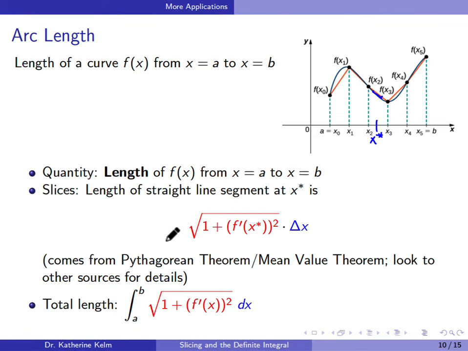This formula comes about from the Pythagorean theorem and the mean value theorem, but you'll have to look to other sources for details. But once we know this, the total length of the curve from a to b is the integral from a to b of the square root of 1 plus f prime of x, all squared, dx. This formula only works on curves where the derivative is defined for the entire interval from a to b. And that's another detail that is covered in other sources.